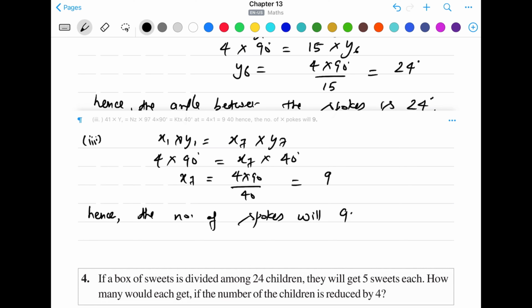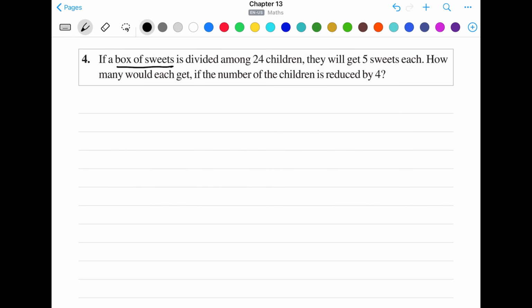Question number 4 is: if a box of sweets is divided among 24 children, they will get 5 sweets each. So we have a box with a certain number of sweets that will be divided among 24 children, and each will get 5 sweets. Now you have to calculate how many each would get if the number of children is reduced by 4.